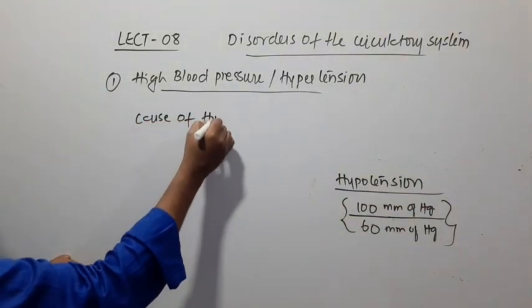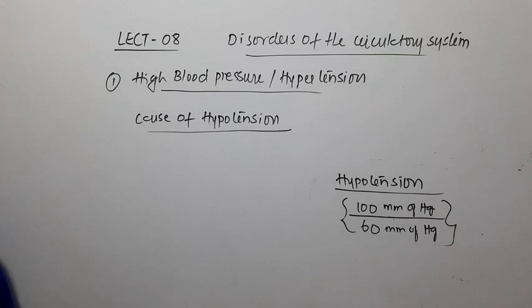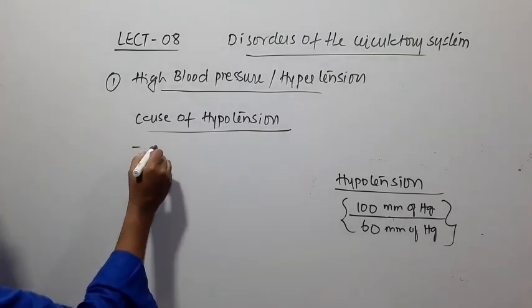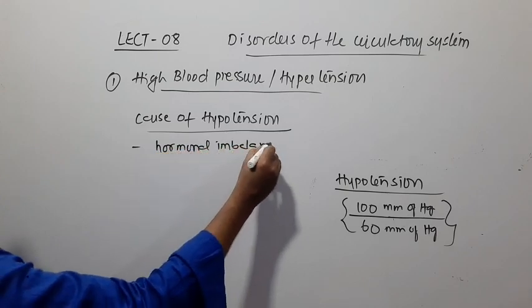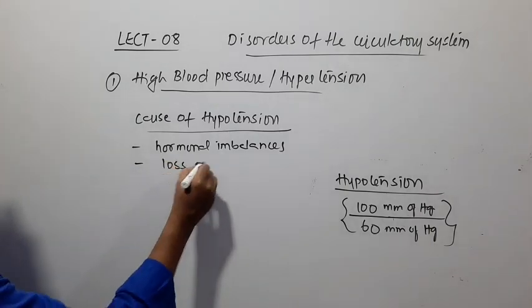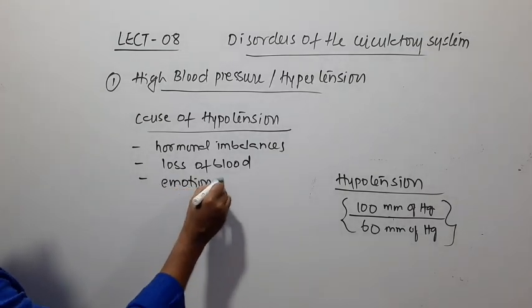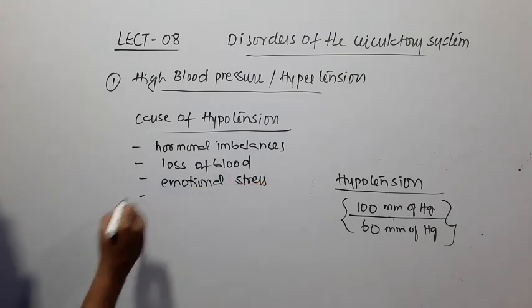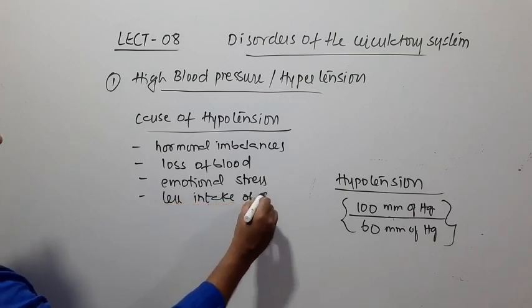Causes of hypotension. One, it may be because of hormonal imbalances. Then loss of blood can also be a reason. And emotional stress, or even less intake of salt.